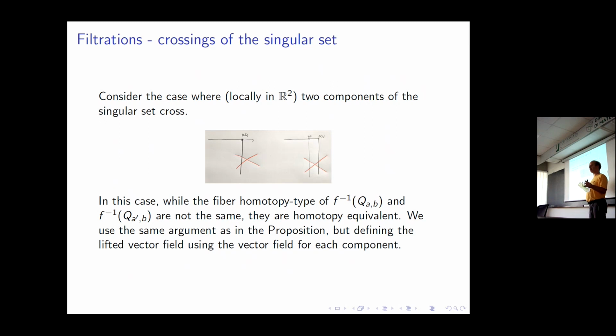You use that same argument for one curve, and you just don't define the vector field in the neighborhood of the preimage of the other, and then you do the same for the preimage of the other, and you can stitch them together, and you get a vector field that flows this preimage to that preimage, but it doesn't preserve fibers. So it's a similar kind of argument. It's kind of boring. It's kind of more complicated, but in not a very exciting way.